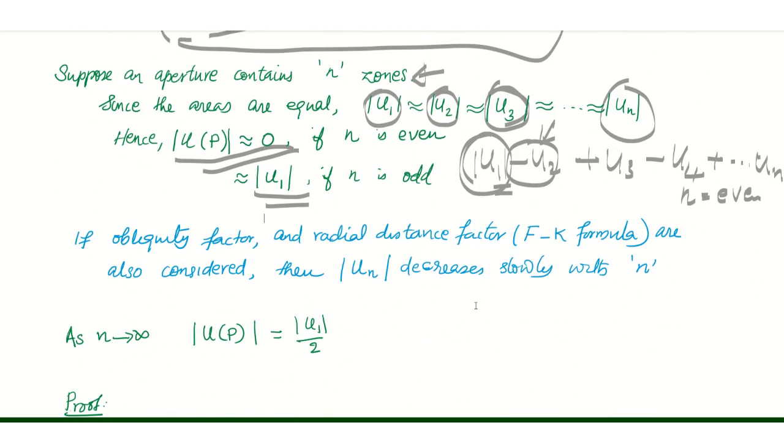If the obliquity factor and the radial distance factor in the Kirchhoff formula are also considered, then Un decreases slowly with n, which means U1 may be slightly higher than Un. Earlier we said they are approximately equal. Ideally it should be, but there are some obliquity factors.